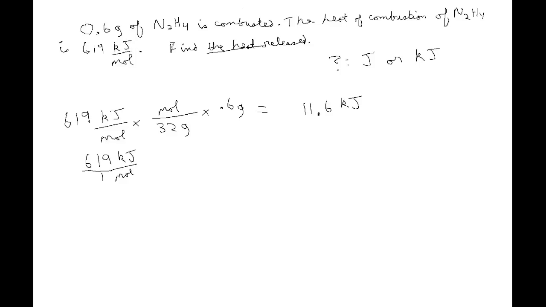At first you were saying that the heat released was the heat of combustion, but that would only be true if we were just combusting 1 mole. So if we're combusting a different amount, we need to do a calculation to find the heat that's released. Now, in this case, we don't know how many moles are being combusted. How could we figure out how many moles are being combusted in this problem?